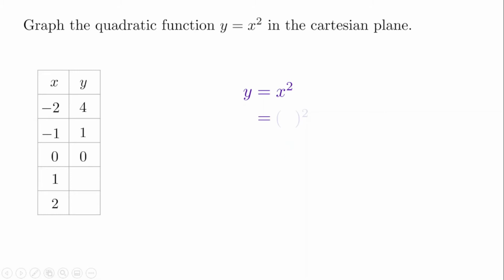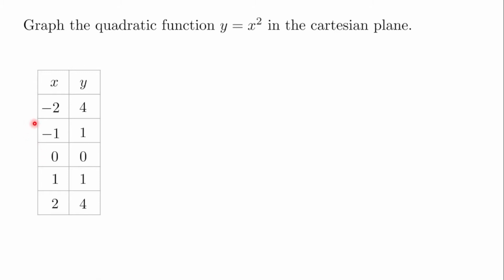Kung yung x naman ay 1, so we have 1 squared, that is equal to 1, and yung 1, ilagay ulit sa table. Right? And the last value for x na binigay natin is 2. So 2 squared, that is equal to 4. Okay? So, nakagawa tayo ng table of values.